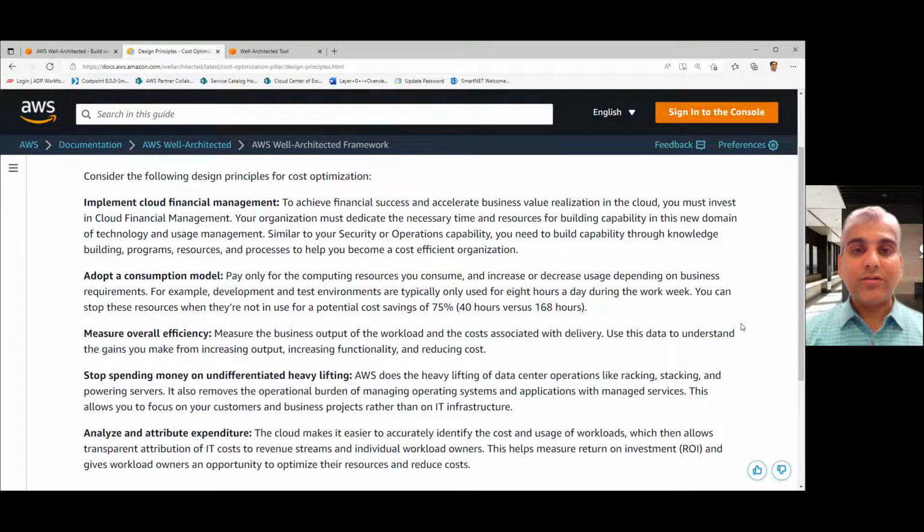Adopting a consumption model, this is part of taking a look at what you're using and are you using it in the best possible way. So things like when you've got a dev team that's working specifically within the business hours and they're doing the development work in that time, and they're not actually going to be using the test environment or the dev environment in the evenings or over the weekend.